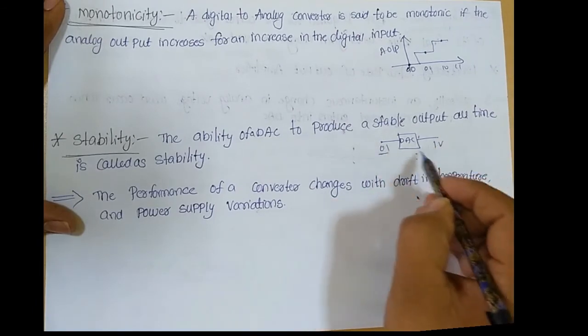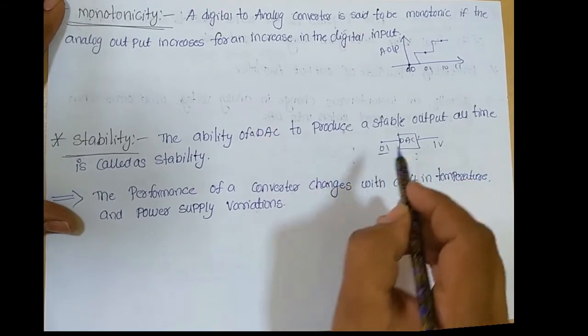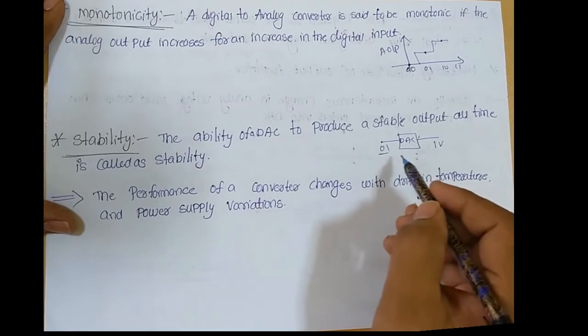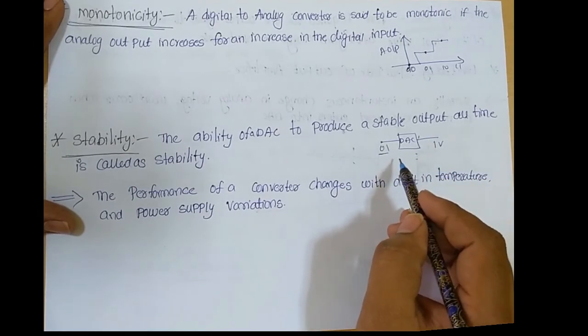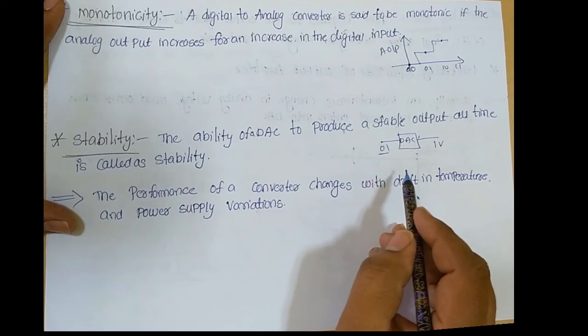If the circuit provides the same output, then it has good stability. Otherwise the system is unstable. In this way we estimate the stability of the digital to analog converter.